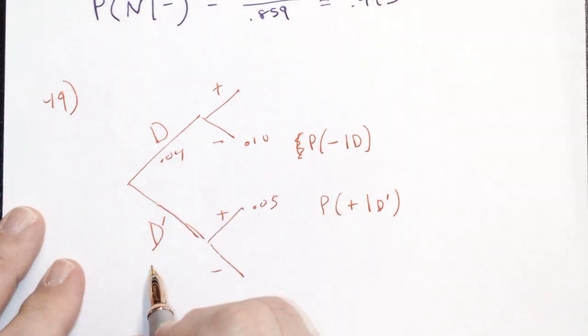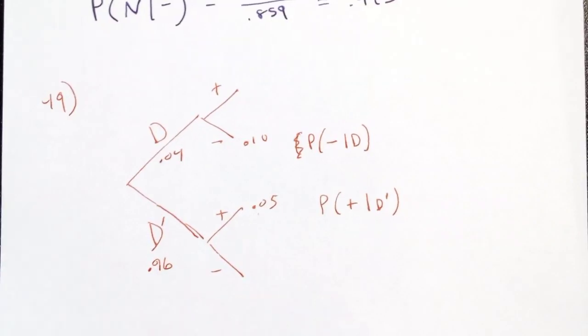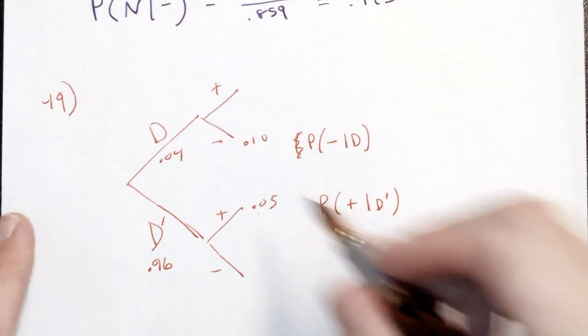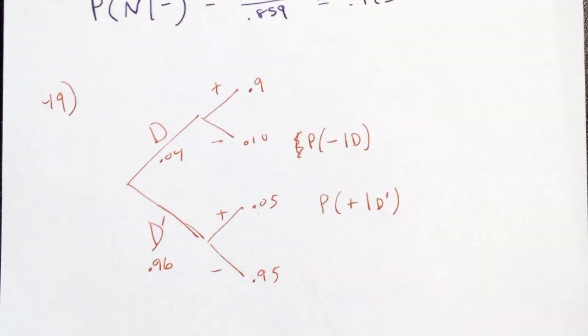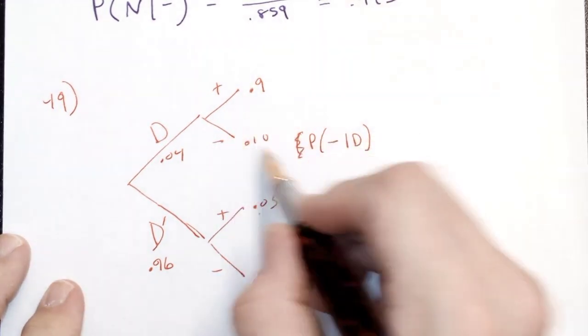And that means that this is 96. There we go. Now, that also means I can fill in the other two blank branches, 0.9 and 0.95, because each branching set from the same root has to add up to 1.